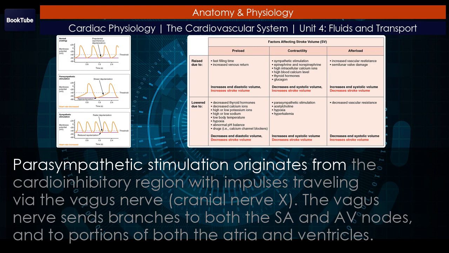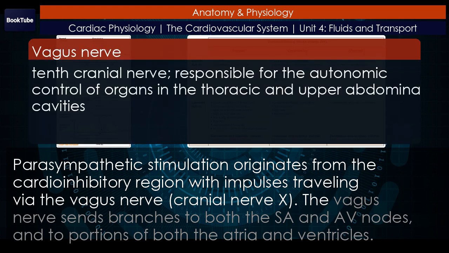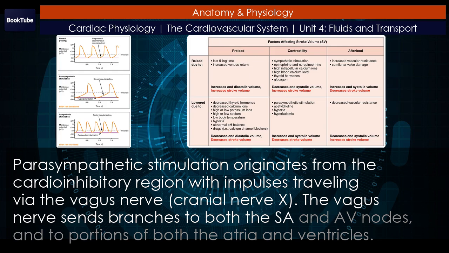Parasympathetic stimulation originates from the cardio-inhibitory region with impulses traveling via the vagus nerve, cranial nerve X. The vagus nerve sends branches to both the SA and AV nodes, and to portions of both the atria and ventricles.